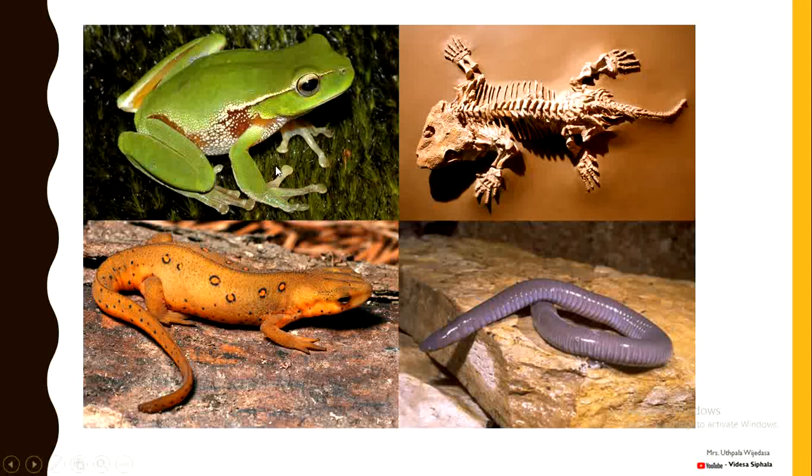Their skin is moist because of the presence of glands which secrete mucus. They do not have scales on their skin. We can take toad, frog, salamander, ichthyophis as examples. Newt is also there.